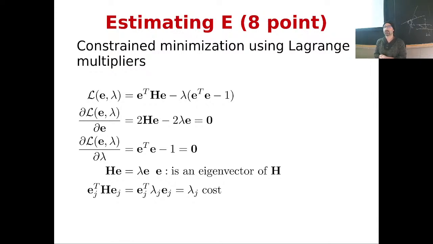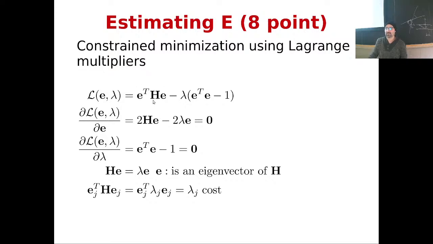The answer is simply to look at the cost. How much is the cost? The cost will be E transposed H E. If E is an eigenvector, I just evaluate this expression, since I'm interested in minimizing it.